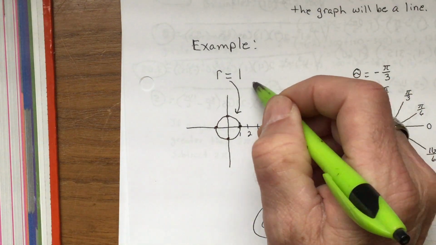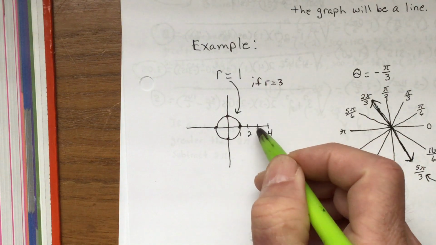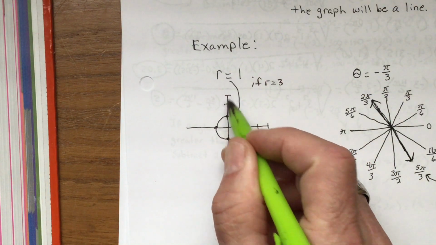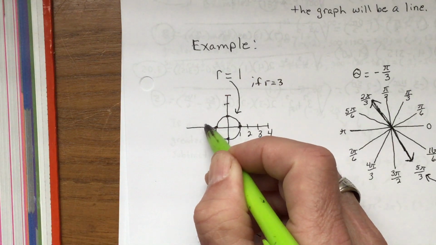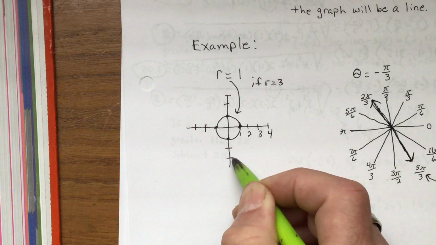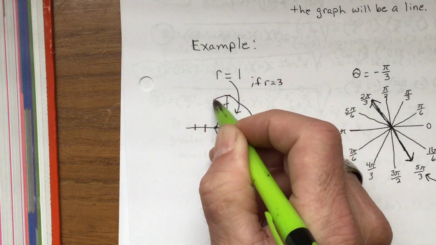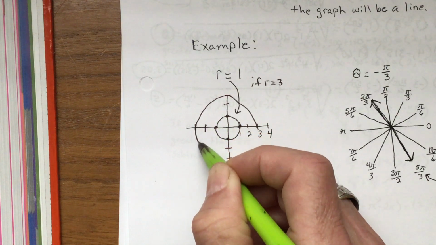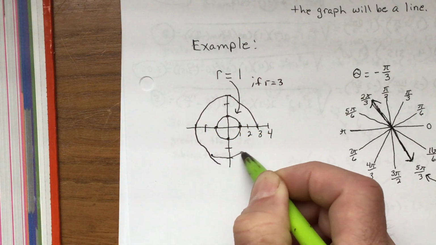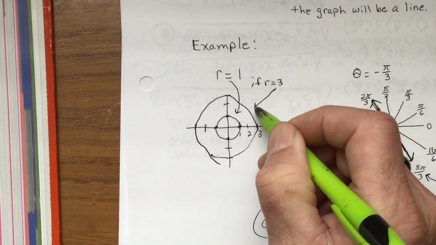If it were r equals 3, then you would go 1, 2, 3, 3 units away, and draw your circle. R equals 3.